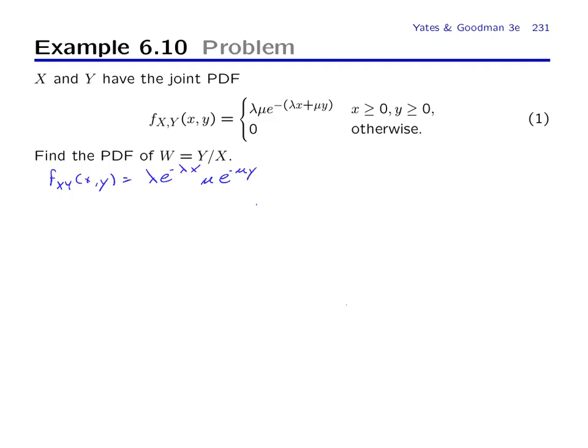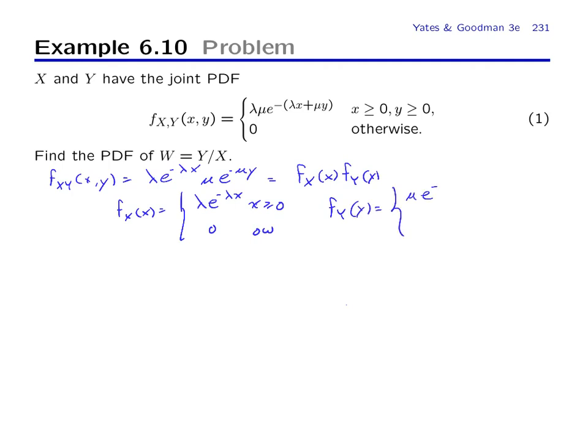And you see that this is really a product of exponential PDFs, f_X of x, f_Y of y, where f_X is lambda e to the minus lambda x for x greater than or equal to 0, 0 otherwise, and f_Y is mu e to the minus mu y for y greater than or equal to 0, 0 otherwise. And the product of these two gives us our joint PDF.